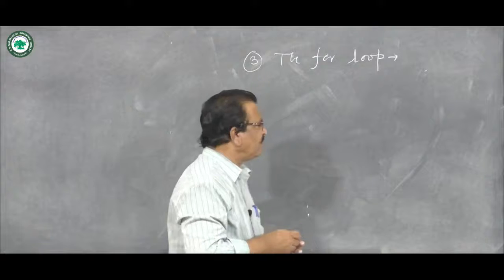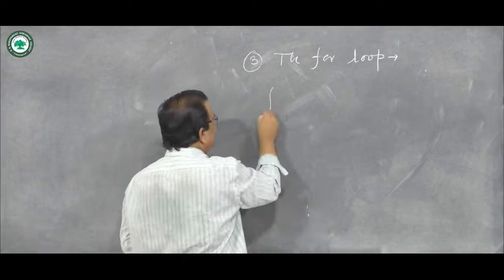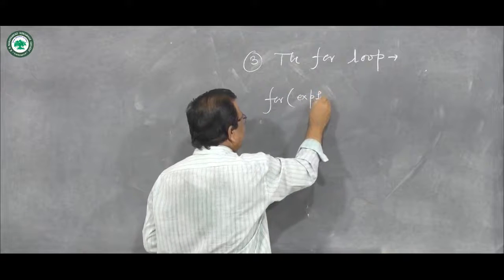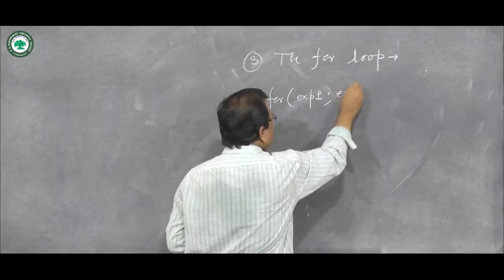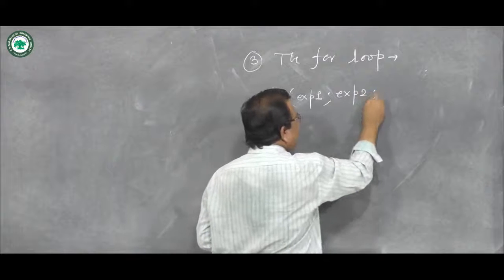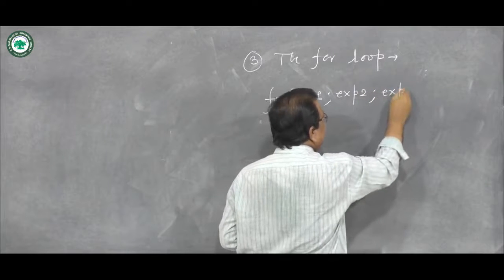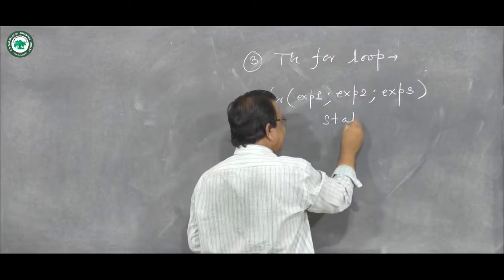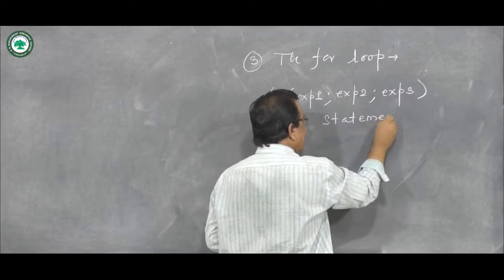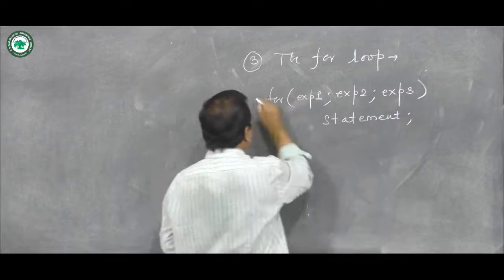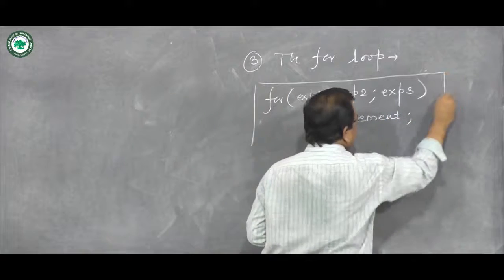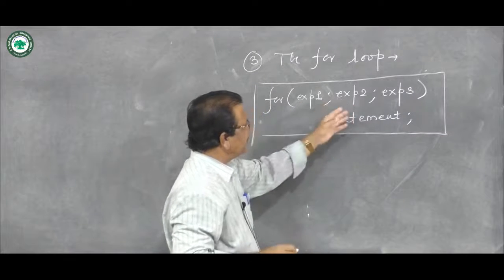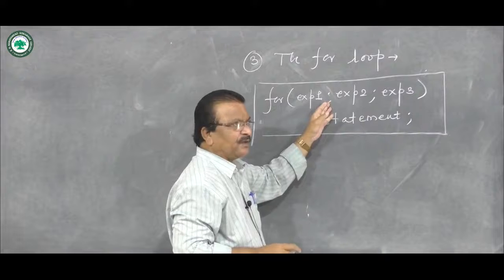The general form of the for statement is: for, in parenthesis, expression 1 semicolon expression 2 semicolon expression 3, and this is then followed by a statement. In parenthesis, there are three expressions separated by semicolons.